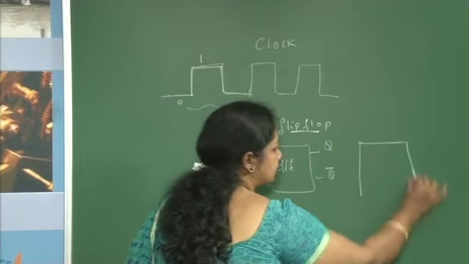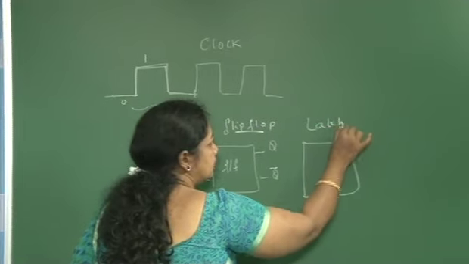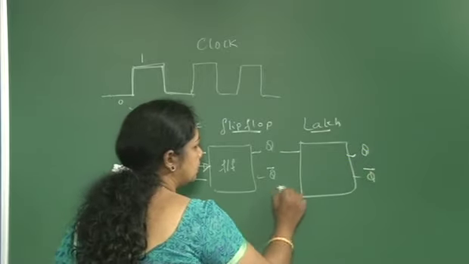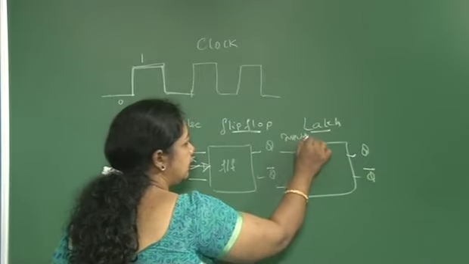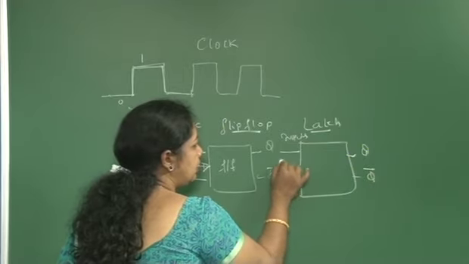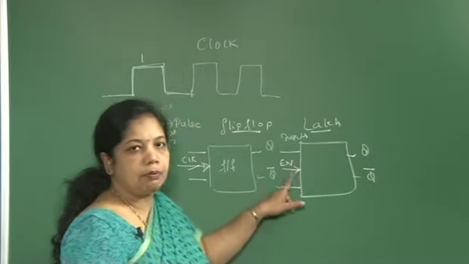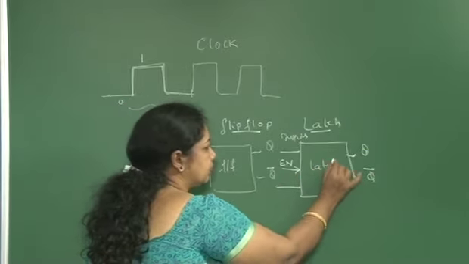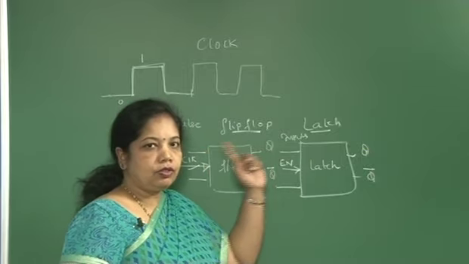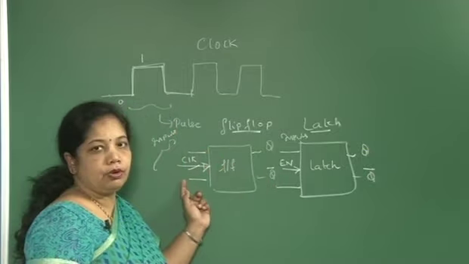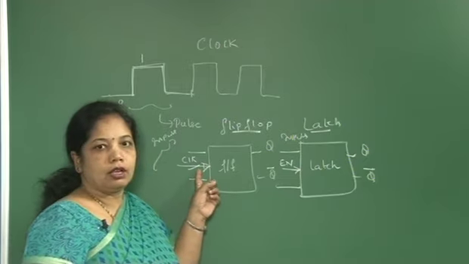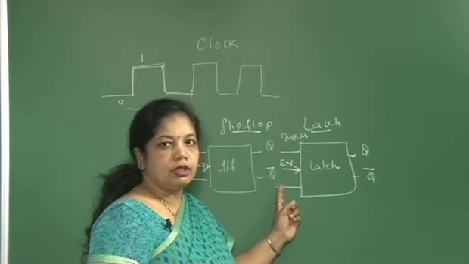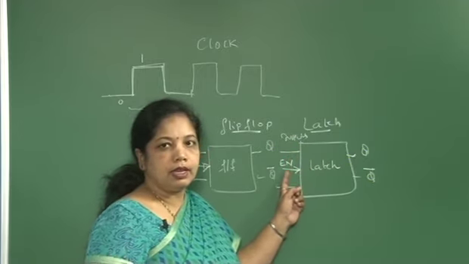Now the latch. Even the latch has two inputs and two outputs, say. The difference between a flip-flop and a latch is the signal that I am applying here. So this is a latch. A flip-flop samples these inputs only at a clock event, while a latch samples these inputs continuously whenever there is enable.